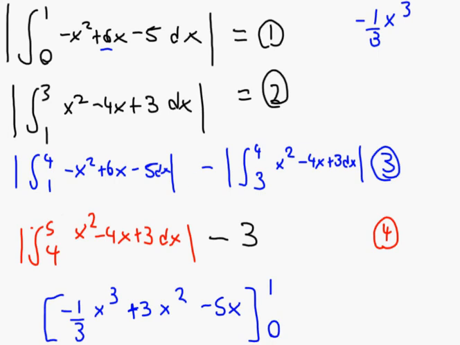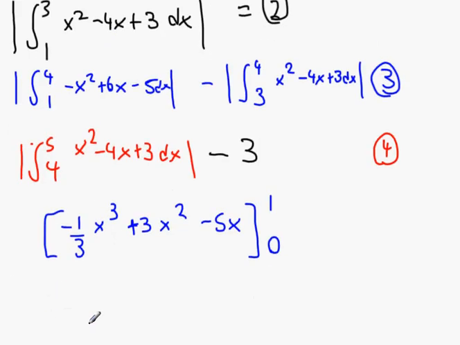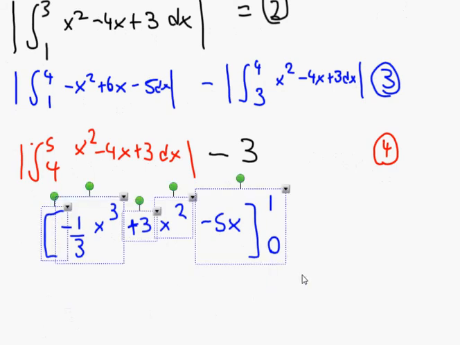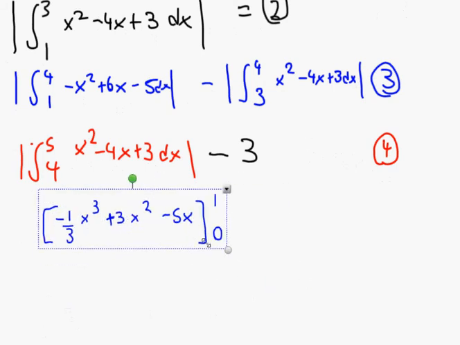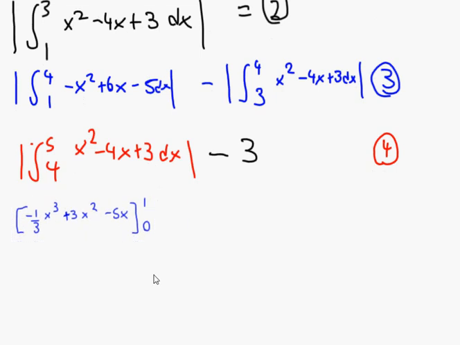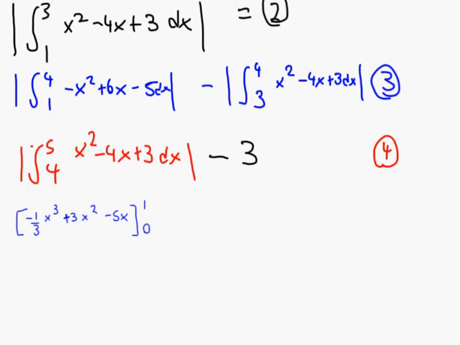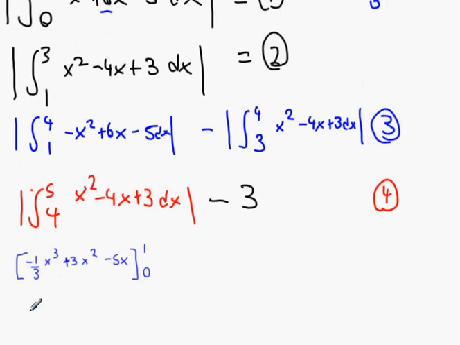And I'll do number 2 while I'm at it. Let's get this smaller as well. I'm going to need somebody on with the calculator in a second as well, okay? That's part 1. Part 2 is going to be a third x cubed minus 2x squared plus 3x from 3 to 1.